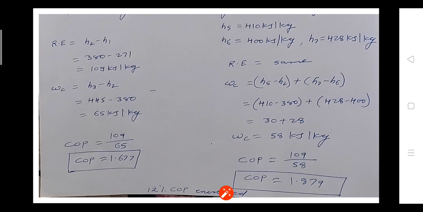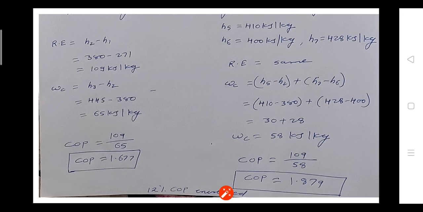Now the right side calculation, with intercooling, or by using multiple compressors. When you are using multiple compressors, there is no effect on the refrigerating effect, whatever energy is extracted by the evaporator, that is RE is the same. Only the work done on the compressor changes. The first compressor work done is H5 minus H2, plus the second compressor work, H7 minus H6.